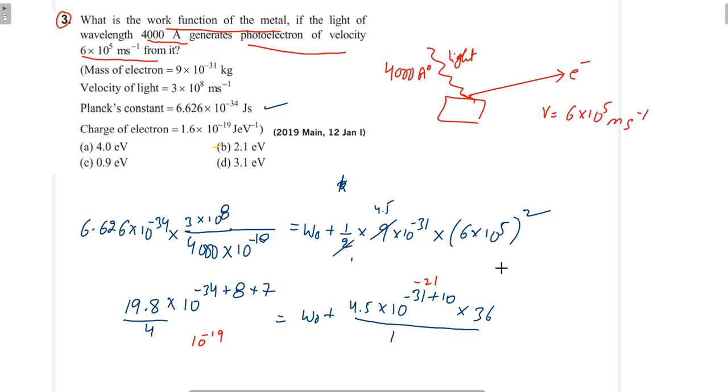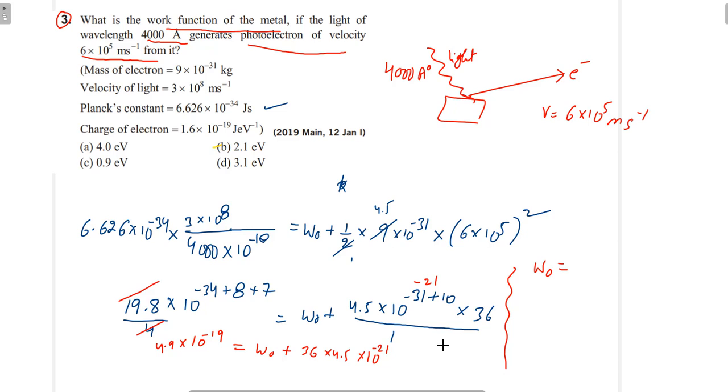Then if you do all these calculations for W naught, see, it is a time consuming question. Still I will try. 6 is almost 5, we can take 5 but 19.8 is there, that's why I'm taking 4.9. So 4.9 into 10 power minus 19 here, W naught equal to W naught plus this one is 36 into 4.5 into 10 power minus 21.